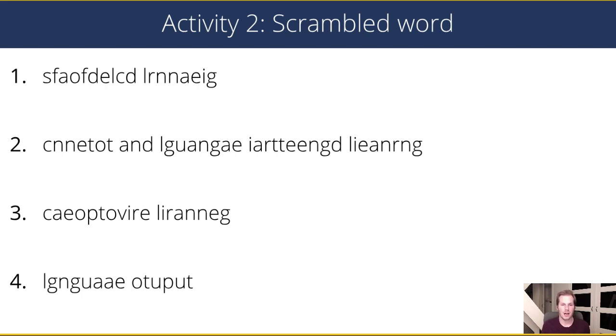So I will give you the answers now, otherwise this takes too long. The first one is scaffolded learning, the second one content and language integrated learning, the third one cooperative learning, and the last one, language output. All of these things obviously having to do with CLIL.